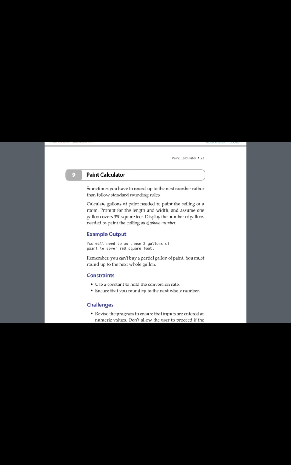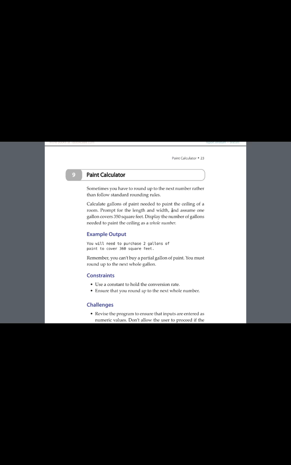If we have to round to the next whole number, then I'll be assuming that even our length and width taken as inputs should be rounded to the next whole number.